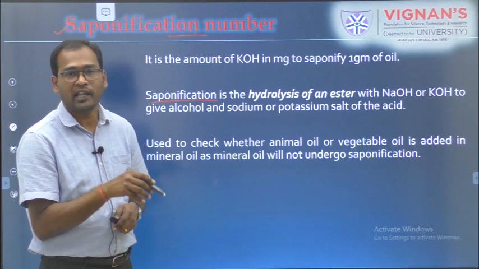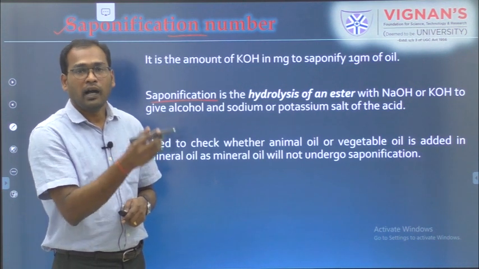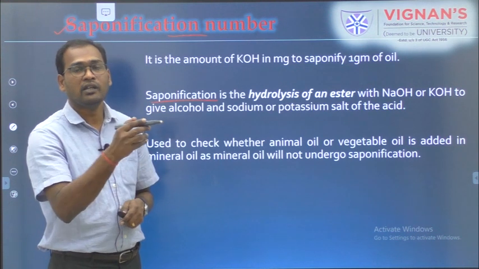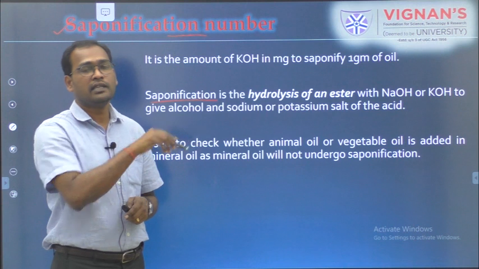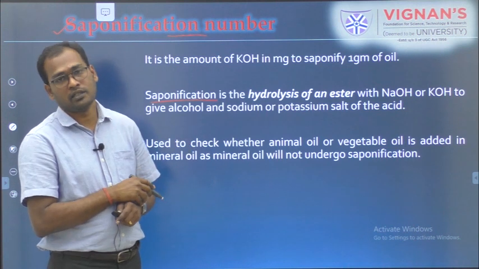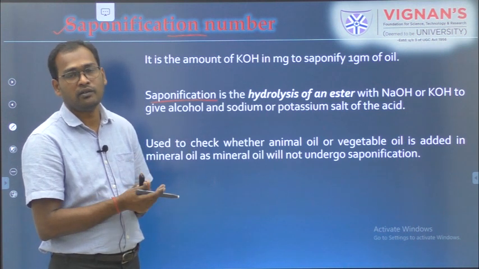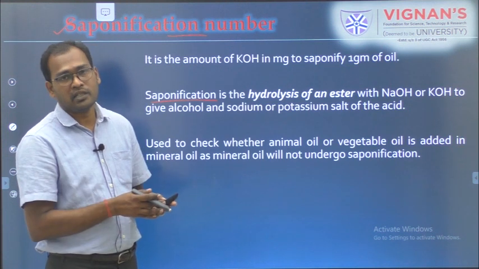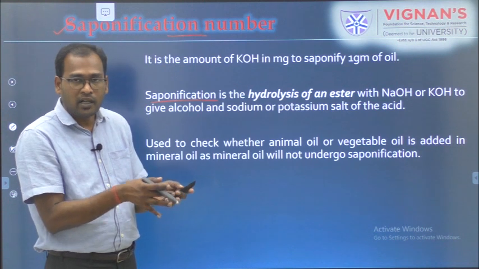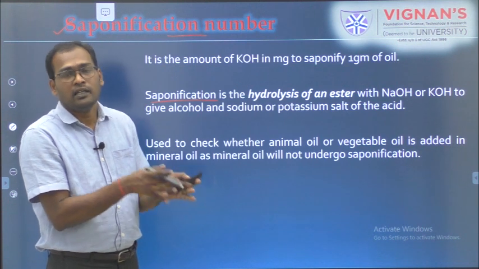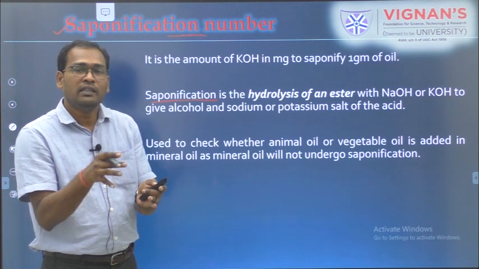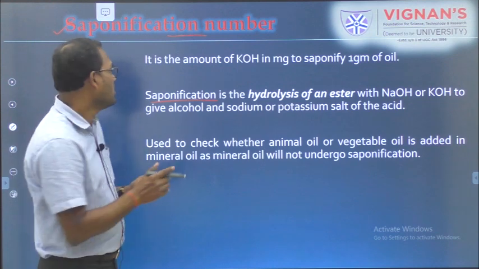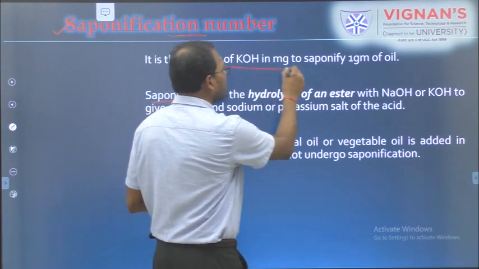It's not only the free acid, it also accounts for the acid's source. That is, it will give you the amount of triglyceride or esters present in the system. So the saponification number will give you the overall acid content present in the system. That acid content is not only the free acid, it also accounts for the esters of that particular acid in the system. So the definition is the same.